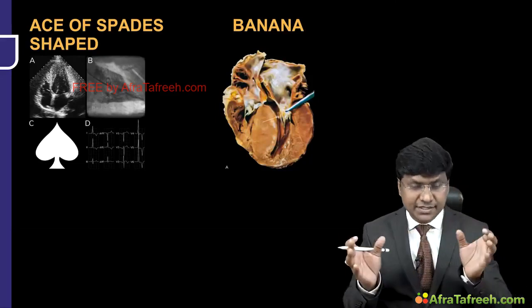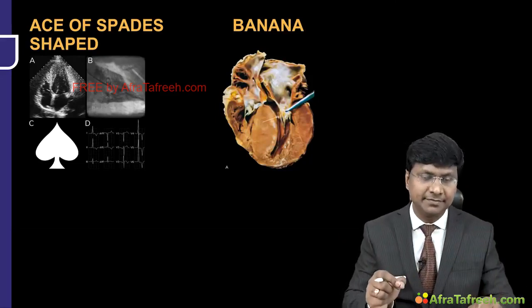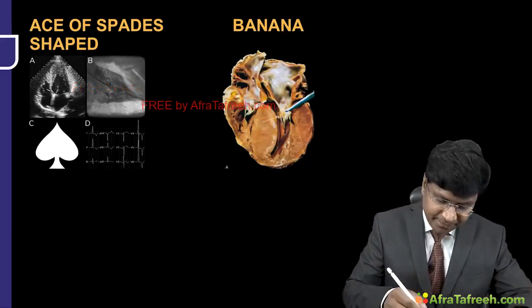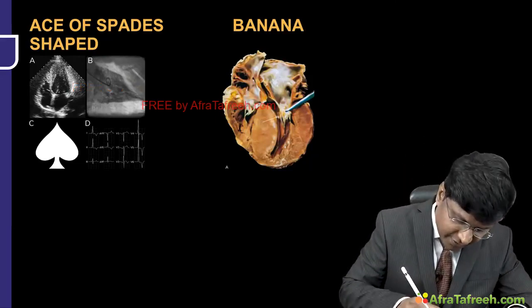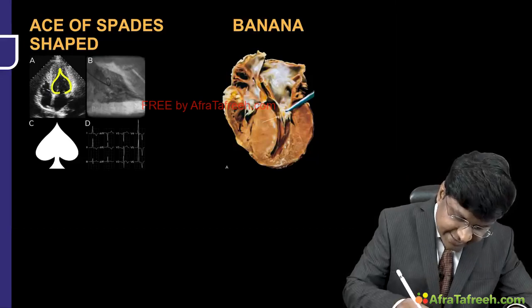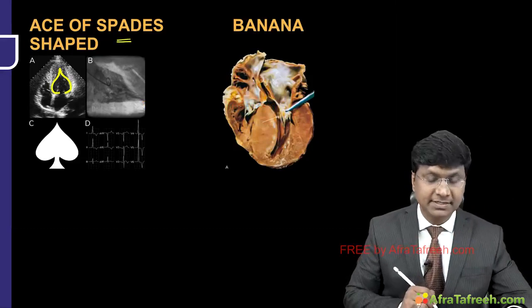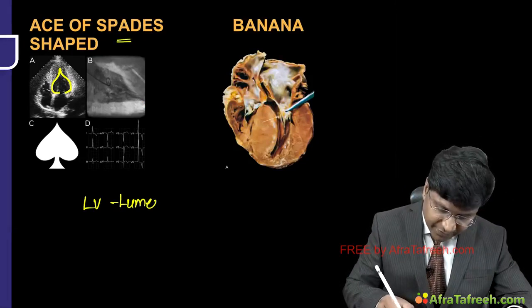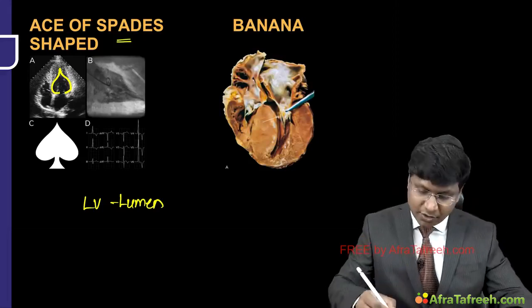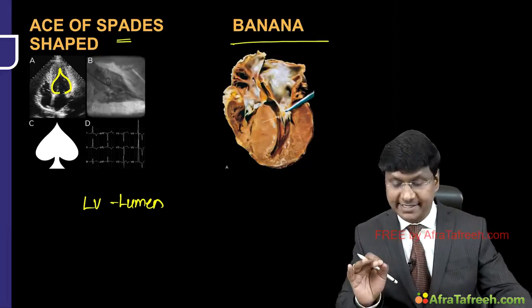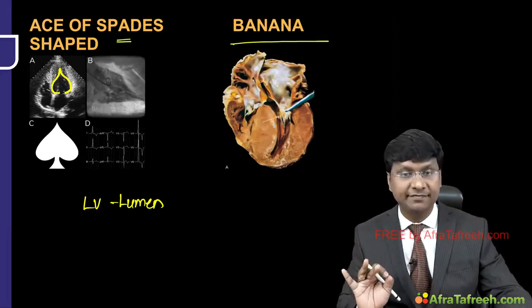Now, if you take the shape of the LV lumen in the case of apical hypertrophy as well as septal hypertrophy: in apical hypertrophy, the shape of the LV lumen is considered the ace of spades. Whereas in septal hypertrophy, we call it a banana-shaped left ventricle.